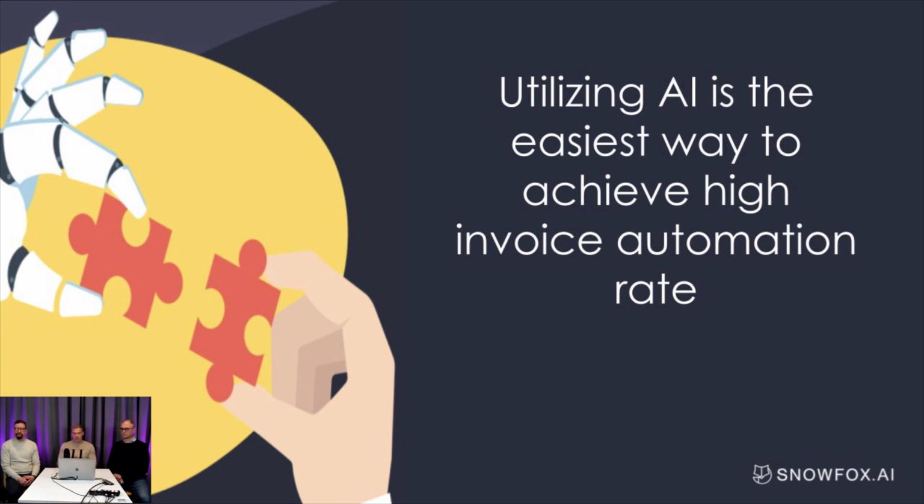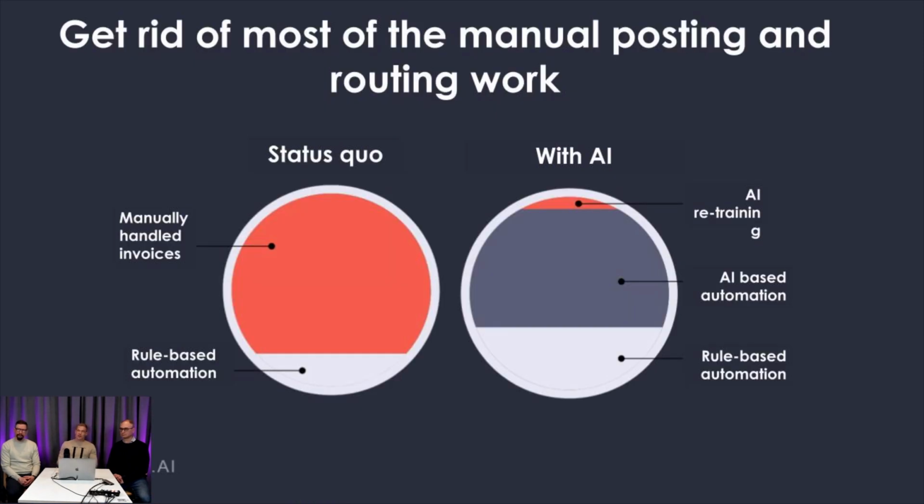And we are shortly going to explain how the AI works, how it learns to automate purchase invoices and so on. But first of all, this is the big picture, like we just told previously. The status quo with probably most of you is that when you think about your non-PO automation, there are some rules in place.